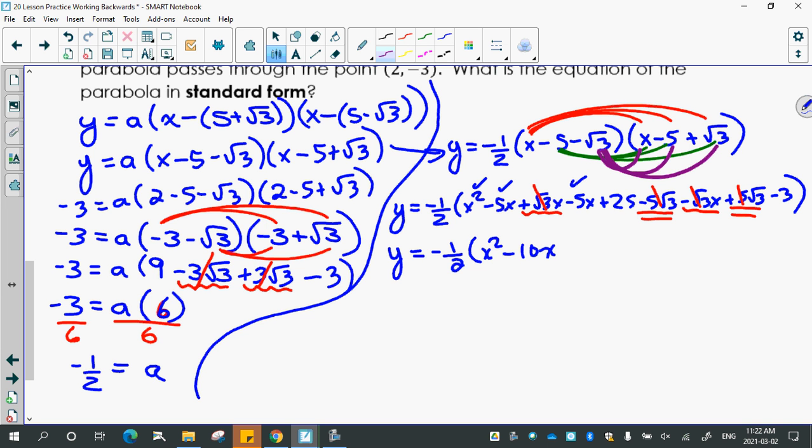Plus 25 minus 3 is plus 22. And then the last step is to distribute the negative half. So that's going to give me negative 1/2 x squared plus 5x, because negative 1/2 times negative 10 is positive 5. And then negative 1/2 times positive 22 is negative 11.